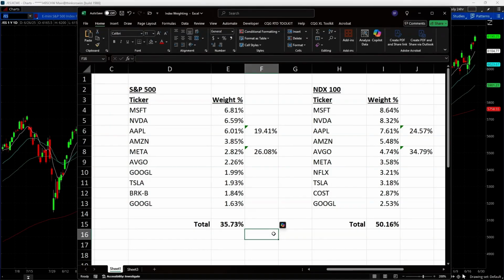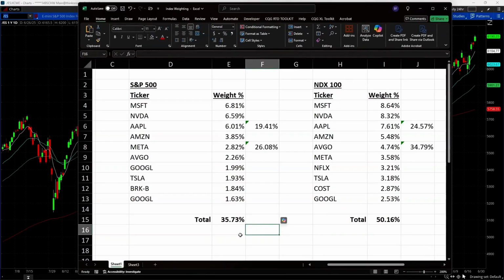There are times where the index could get a little bit ahead of where the stocks are. So if you start seeing that the index is going higher, but yet the stocks are going lower, something is wrong. You cannot approach equity indices from just plain charts. It's not going to work because you're missing pieces of the puzzle. You need to be keenly aware of what the stocks are doing.